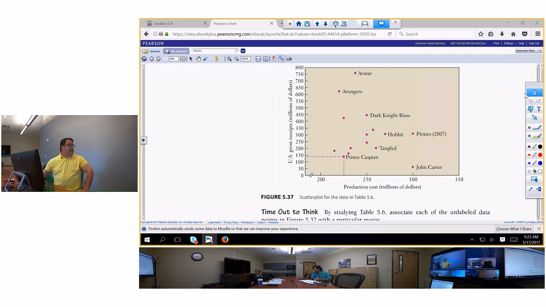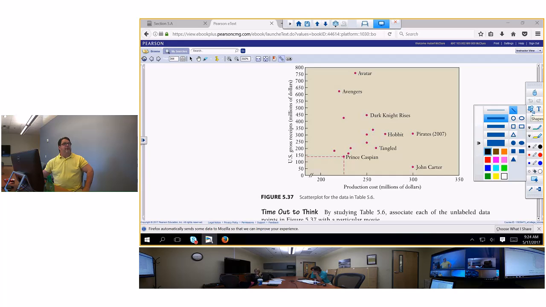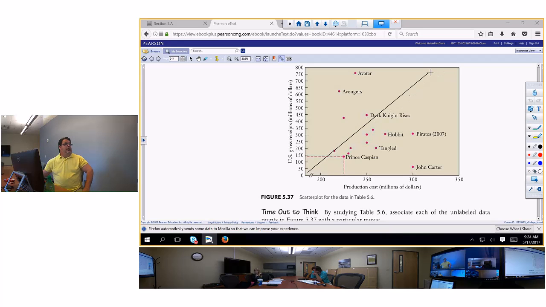Now, when you see a scatter plot, the first thing they're going to ask you about is the correlation. And all you're supposed to do is take a line, let's use my handy dandy line maker, and put it in a direction that's somewhat in between all those points.